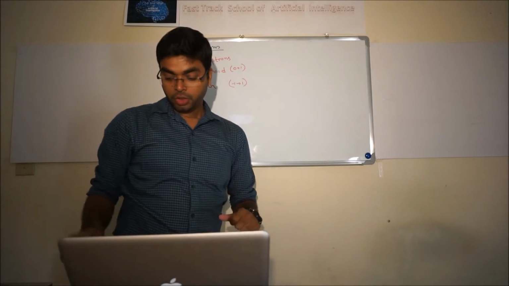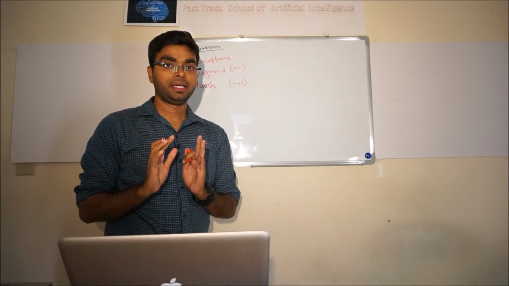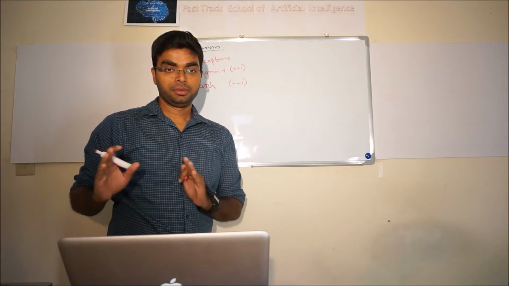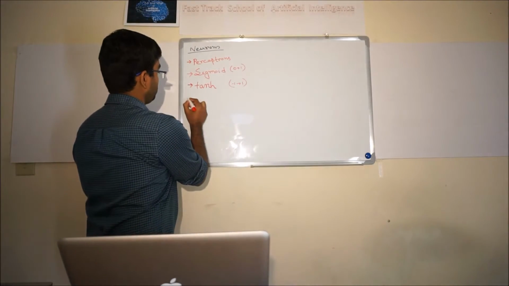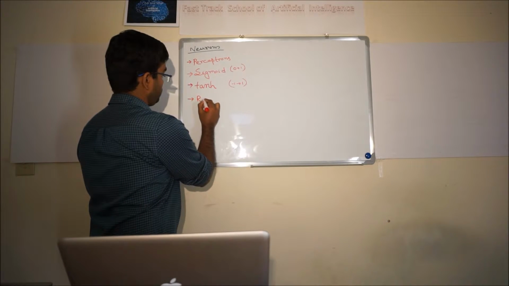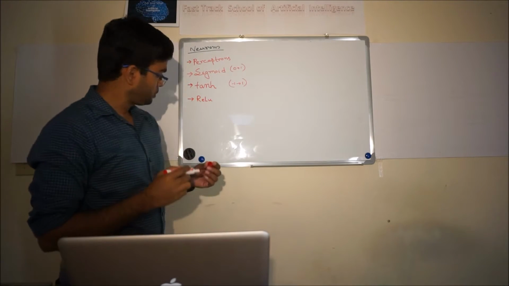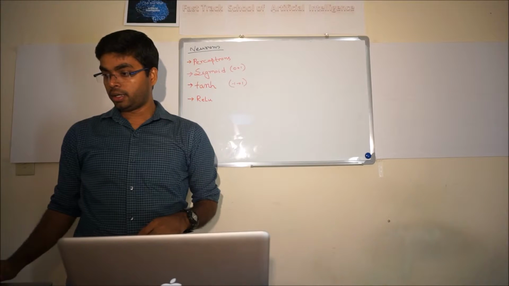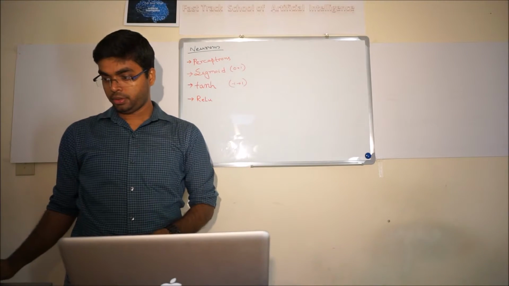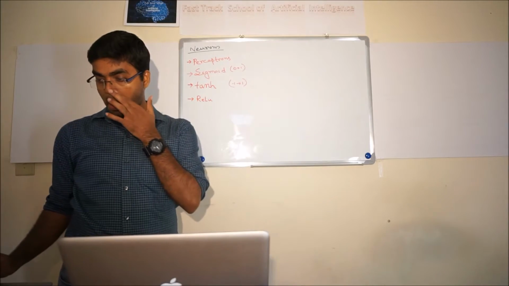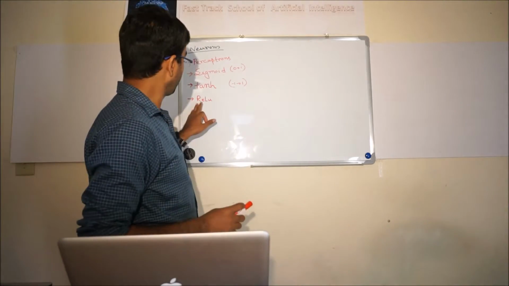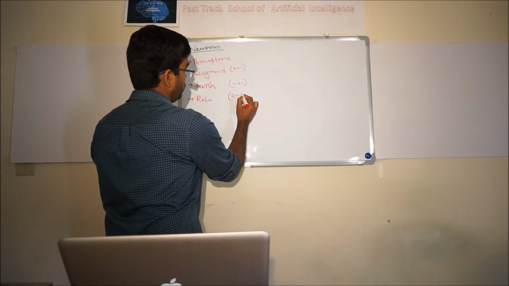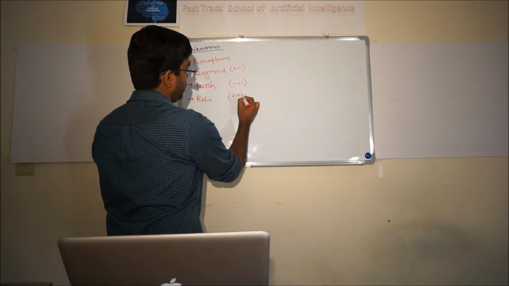Alright, so the next big thing is the rectified linear unit. What it does, it produces a value range between 0 till 1.